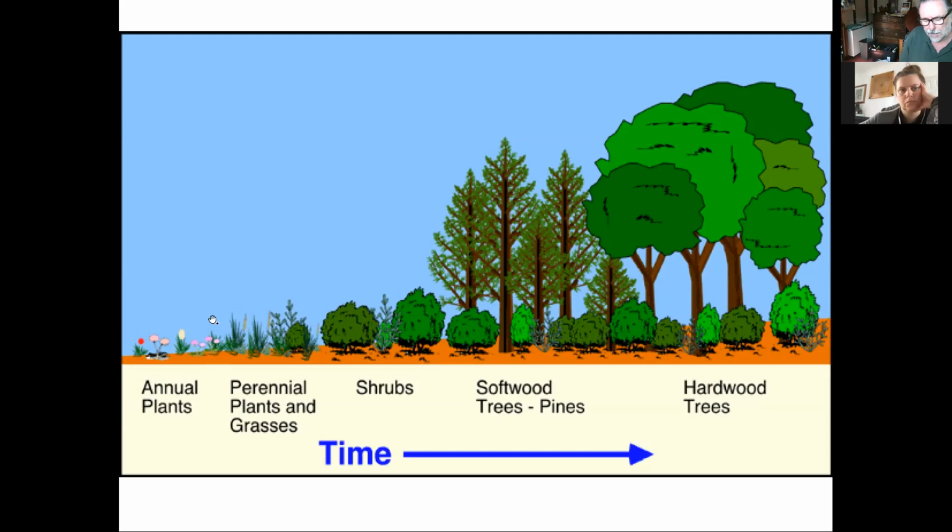So they live and die. They hold the nutrients, prevent the soil from being damaged, and then slowly the succession starts, and we get more perennial plants and grasses, things that live longer and will protect the soil over a longer period of time. And then they start to give way to shrubs.